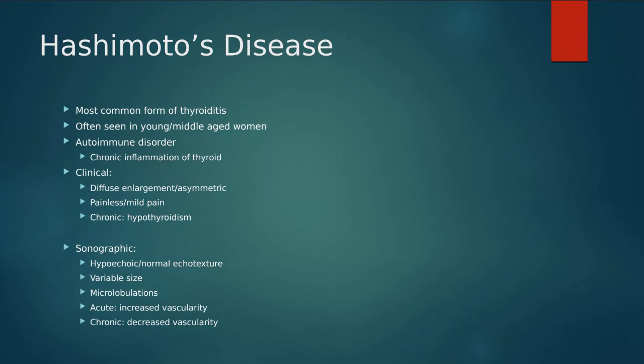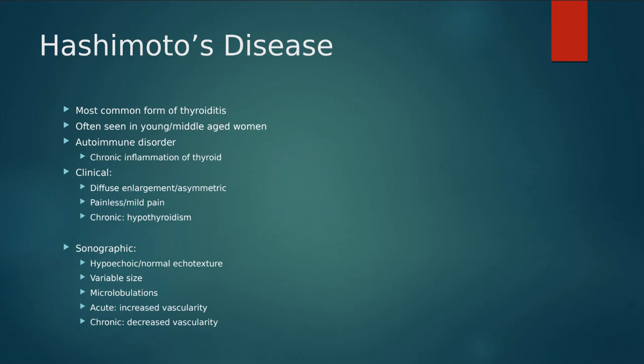On ultrasound, we are going to see a hypoechoic thyroid, variable in size depending on that enlargement, whether it be diffuse or asymmetric. We could see microlobulations, which kind of is a little bit worrisome. We never want to see microlobulations, but in the thyroid, if we're having all of this associated blood work to support Hashimoto's, we're not going to be concerned for thyroid malignancy or cancer.